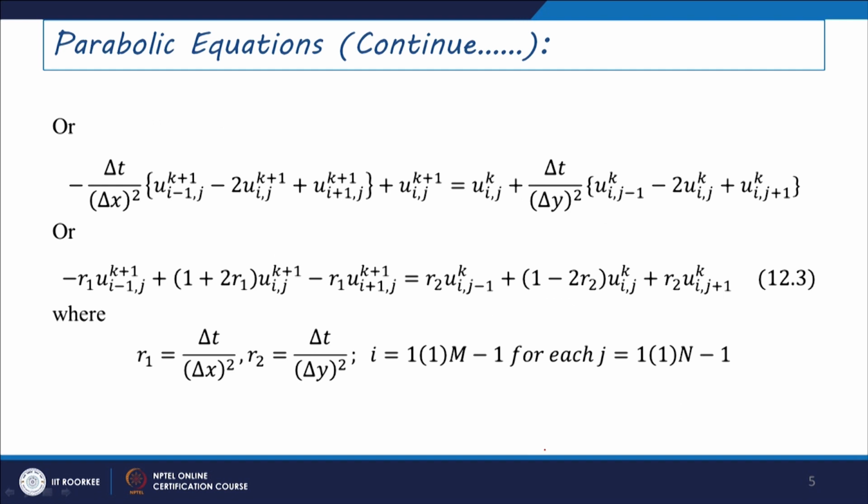And if you just combine all these terms, and keep these unknown parameters in the left hand side and the known parameters on the right hand side, then this system of equations can be written as minus del t by del x square u_(i-1)j^(k+1) minus 2 u_ij^(k+1) plus u_(i+1)j^(k+1) plus, since one coordinate is just associated with this time derivative there, that is why this term can be taken in the form of u_ij to the power k plus 1 and one term here u_ij to the power k here.